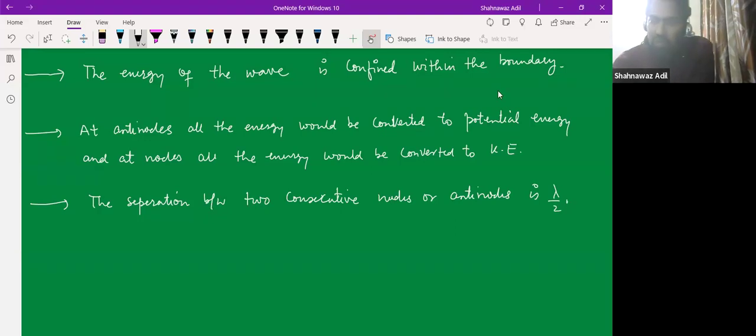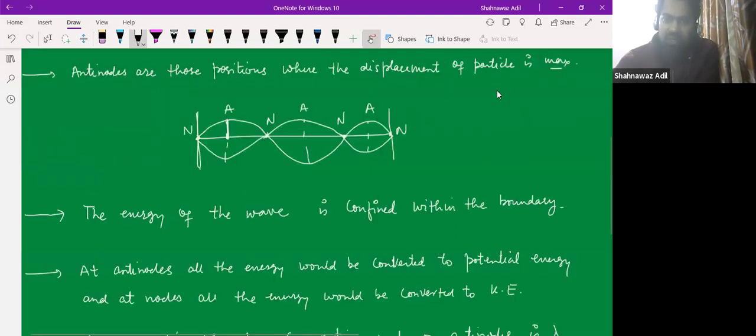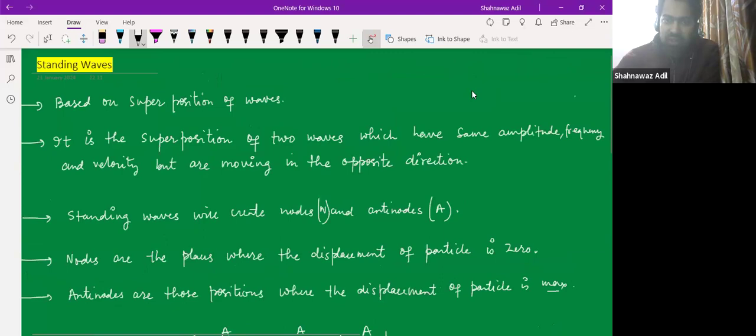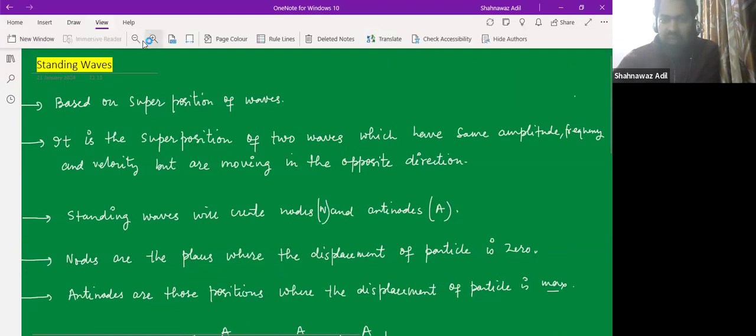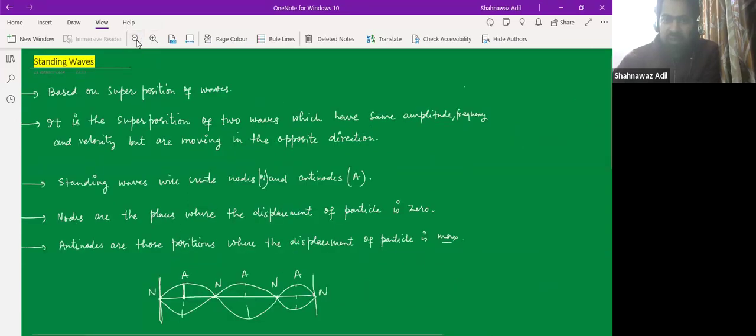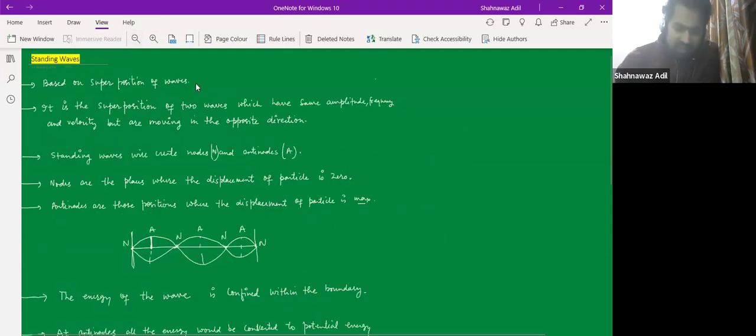So these are the important points of standing waves, right? So please note it down, and then we'll understand it even better. We just have to remember that two waves are superimposing, but they are in opposite direction. Please note it down.